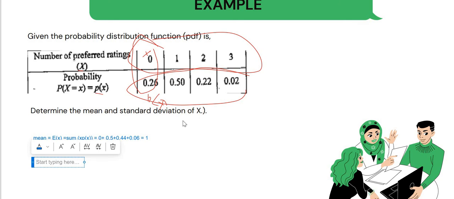But before we go to standard deviation, you need to find your variance first. Okay, you need to find your variance. Formula variance agak panjang kan tadi?